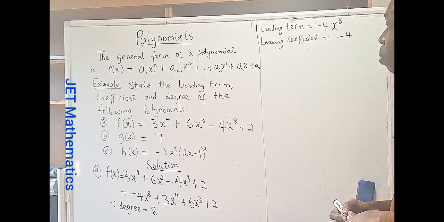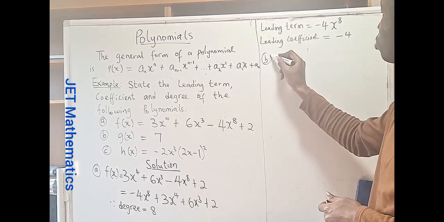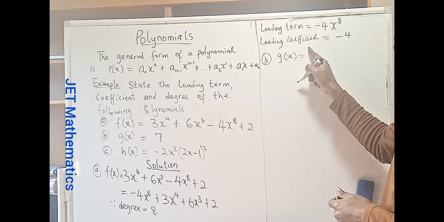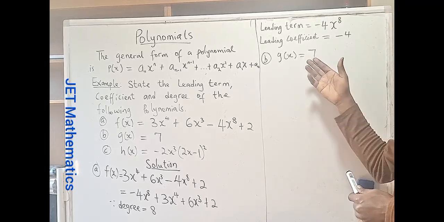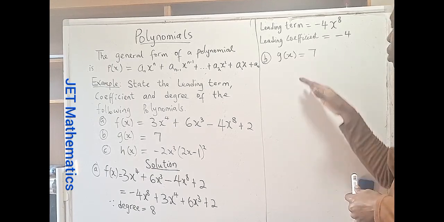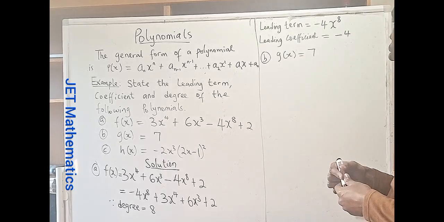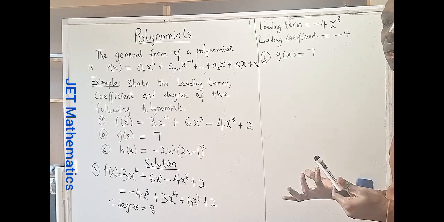Then we have b. g of x is equal to 7. So this is called a constant polynomial. For a constant polynomial, the degree is 0.